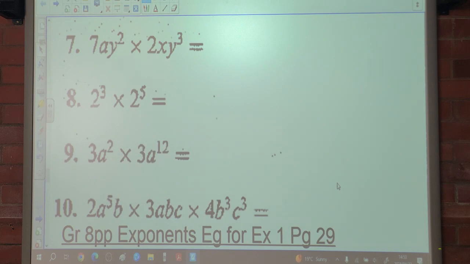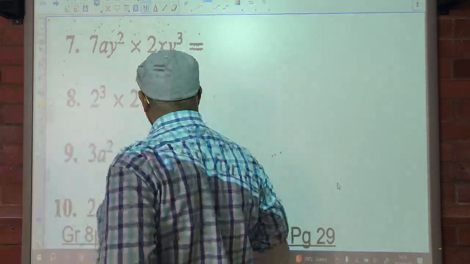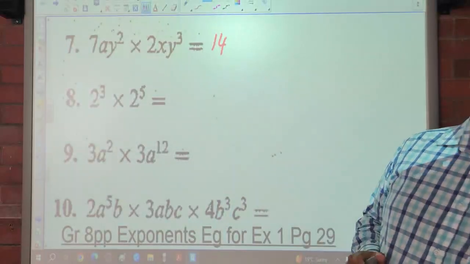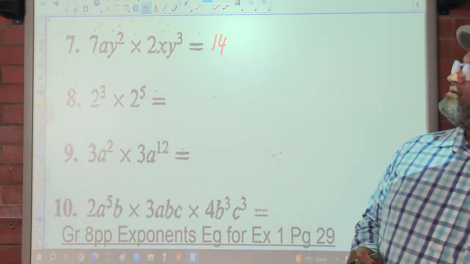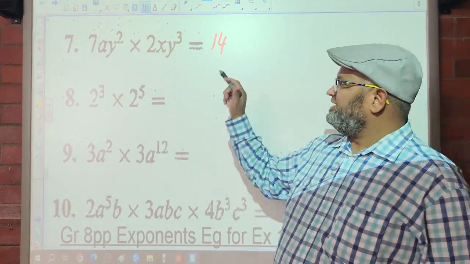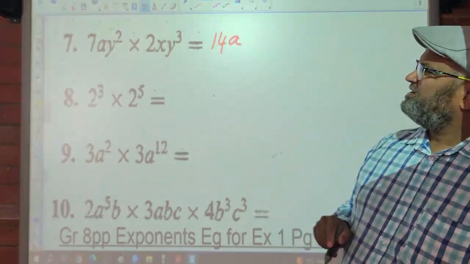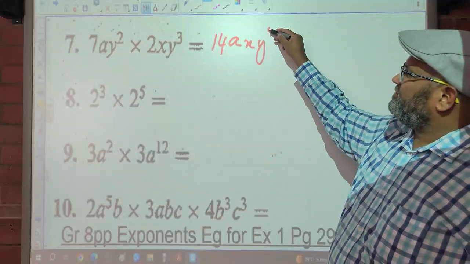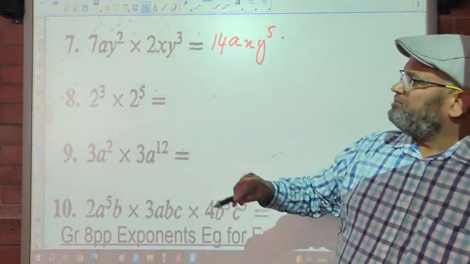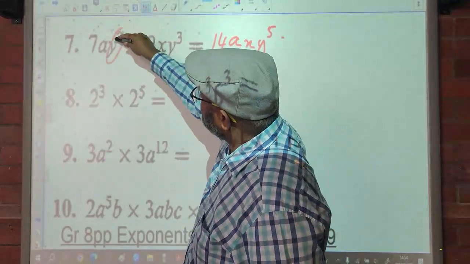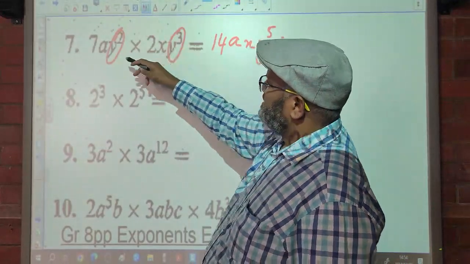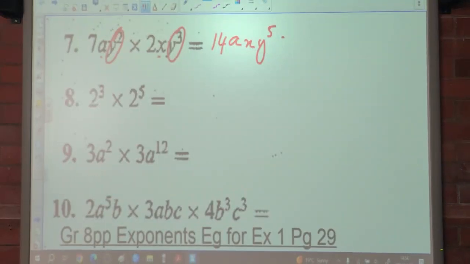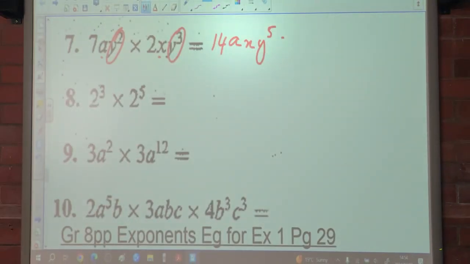X, y5. Right, well done. You all agree with that? Yes, sir. Because only that base and that base are the same. So a is on its own and x on its own. And 2 times 2 is 4. You guys understand?